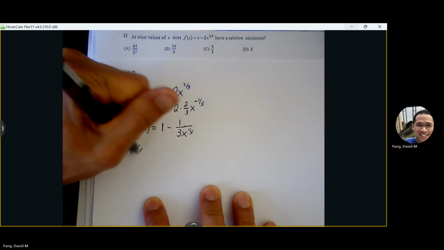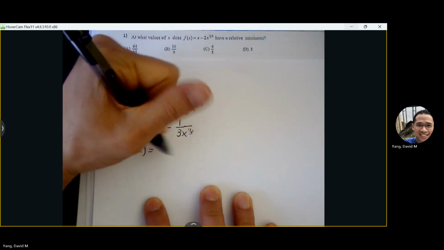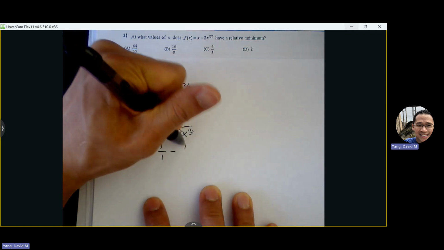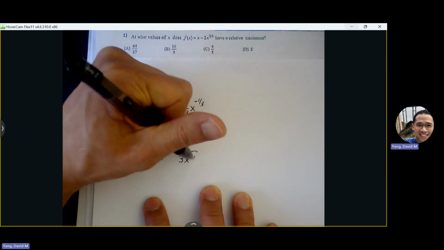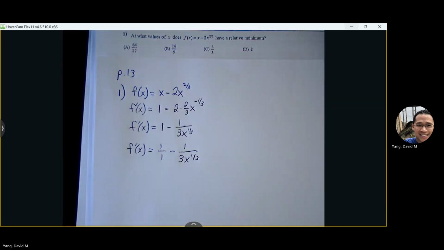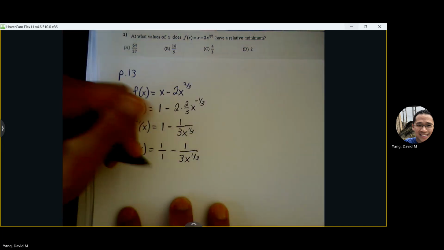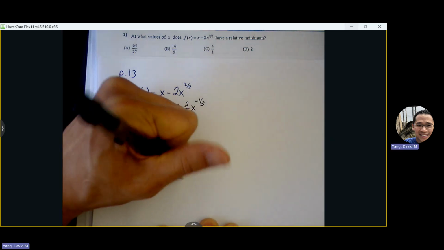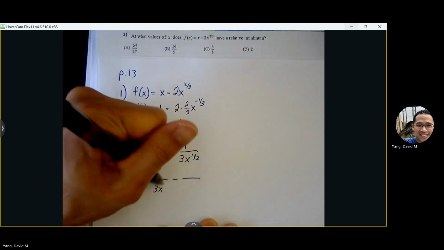So my common denominator, well, first off, the same thing as 1 over 1 minus 1 over 3x to the 1/3. My common denominator will just be 3x to the 1/3.